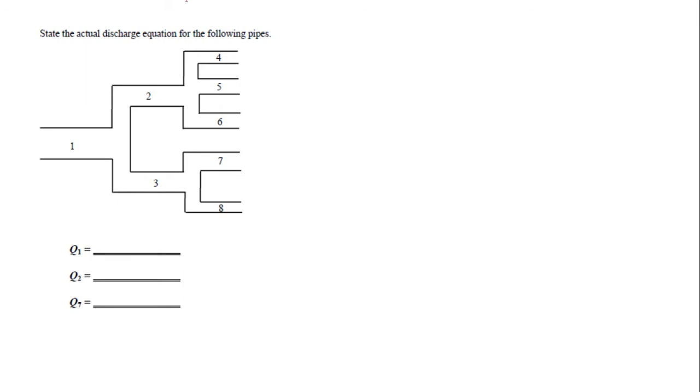So you have Q1, Q2, Q3, Q4, Q5, Q6, Q7 and Q8. Q is for volume flow rate.